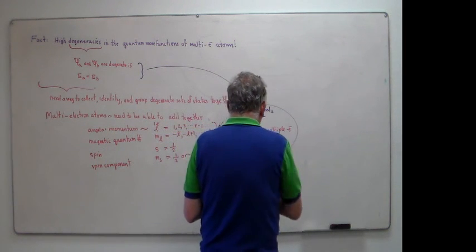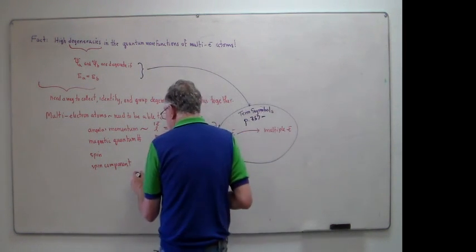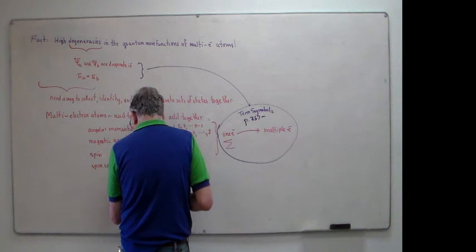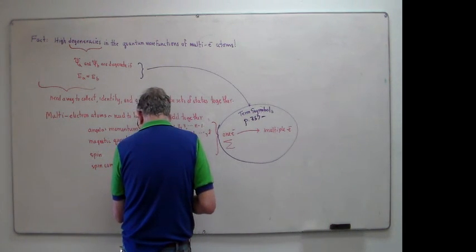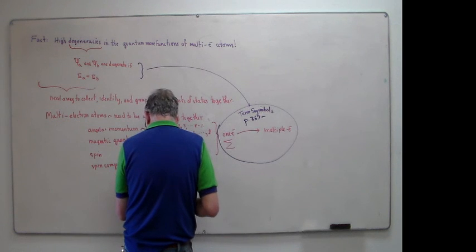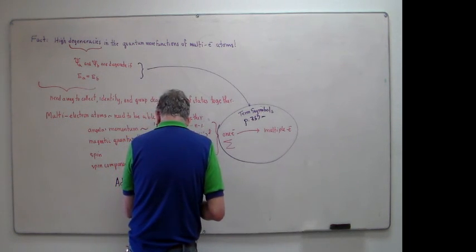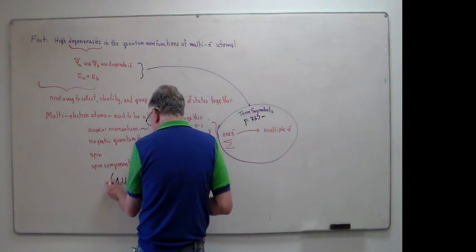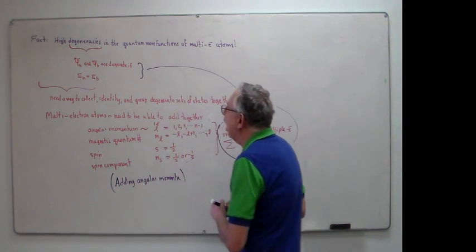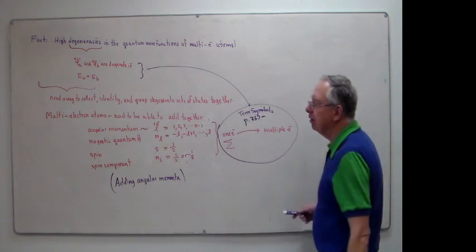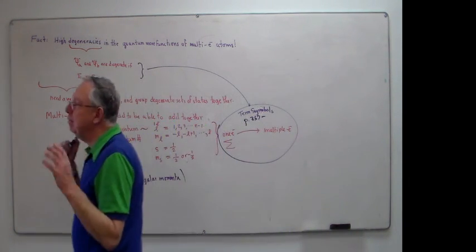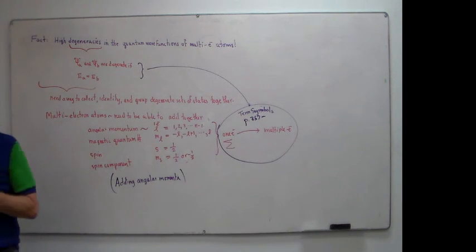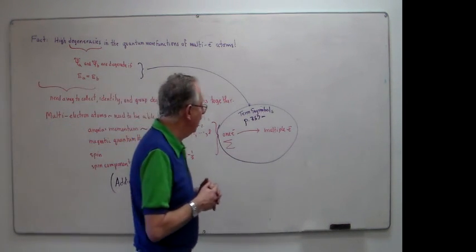But let's just make one comment. We're going to be adding angular momenta. And we'll find the basis for handling all these complex atomic systems. And from this, we'll shed some insight into molecular systems as well.